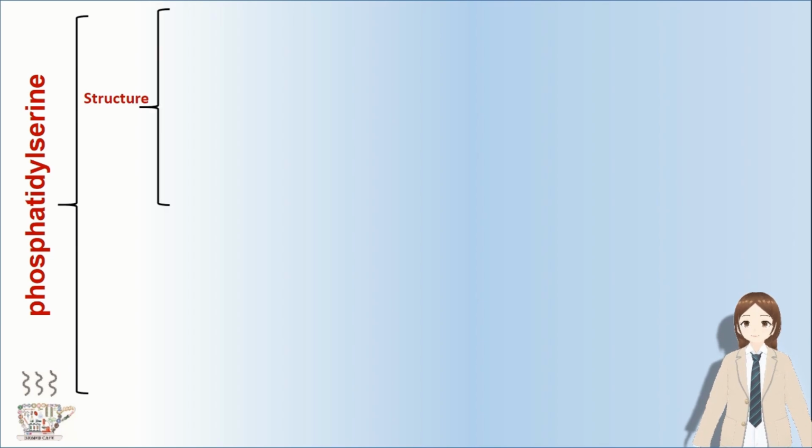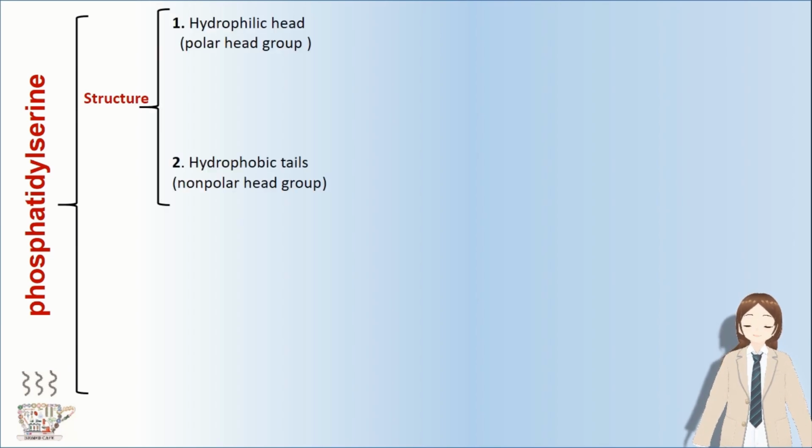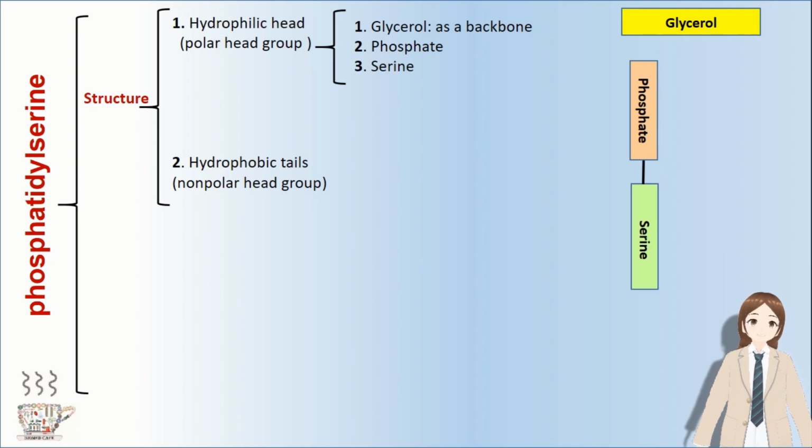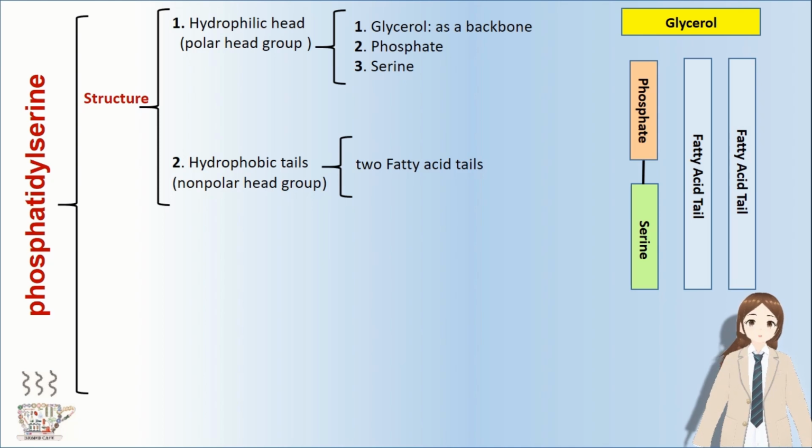It has a hydrophilic head or polar head group and hydrophobic tails or nonpolar group. The hydrophilic head contains glycerol as a backbone, phosphate, and serine. And the nonpolar group contains two fatty acid tails. Fatty acid tails are linked to glycerol by ester linkage and phosphate is linked to glycerol by phosphodiester linkage.